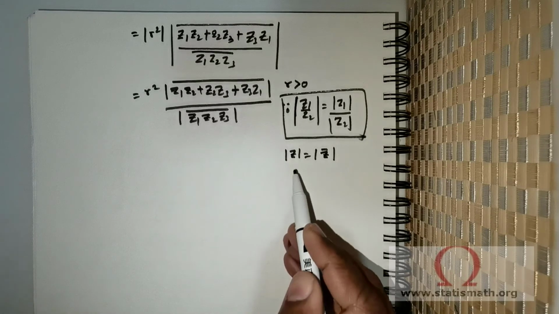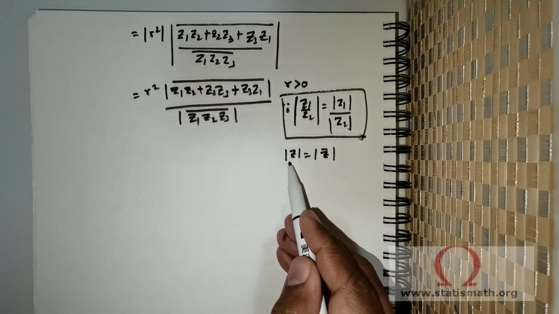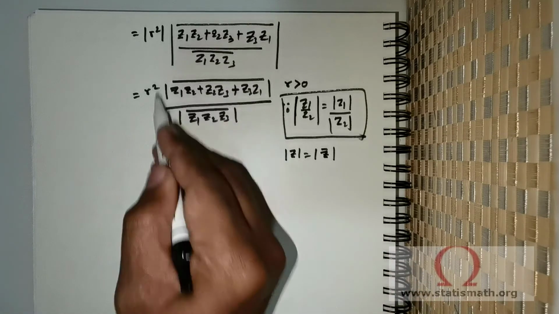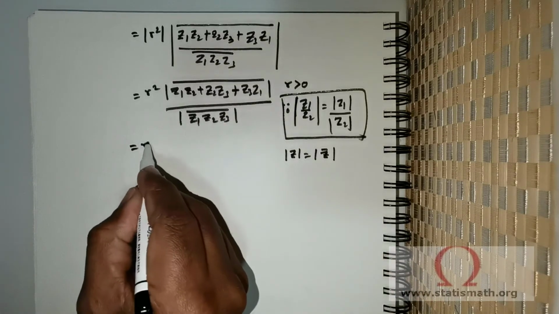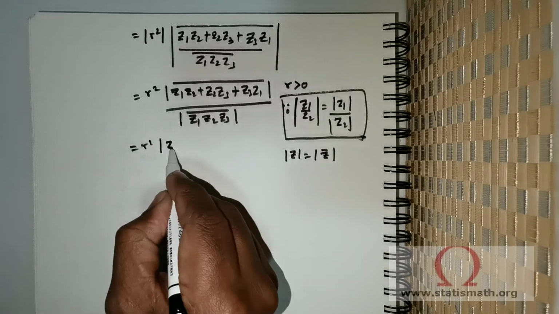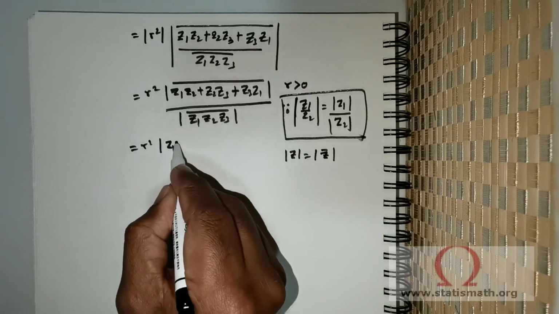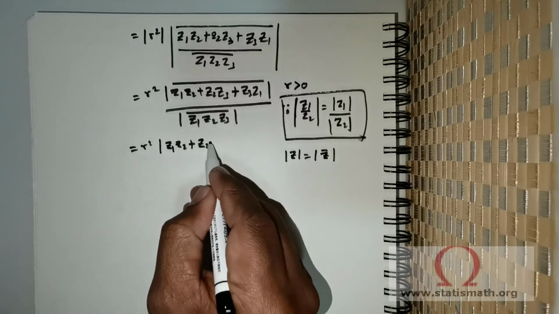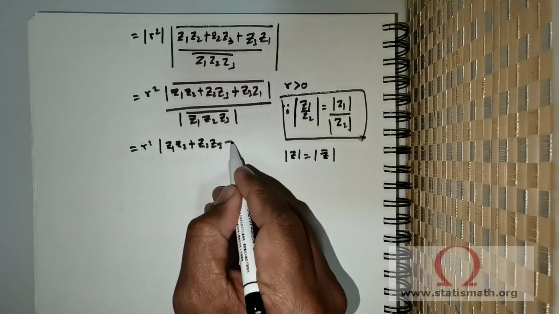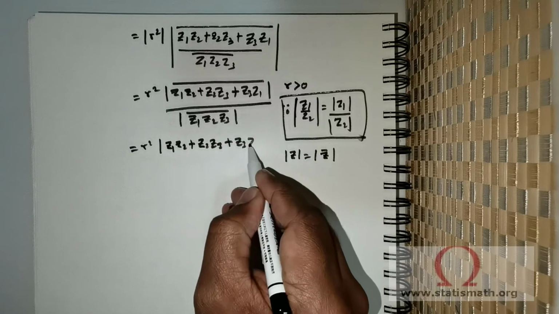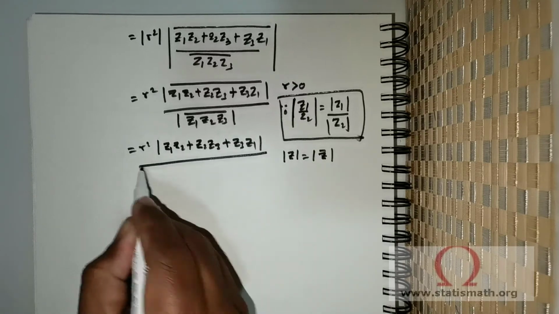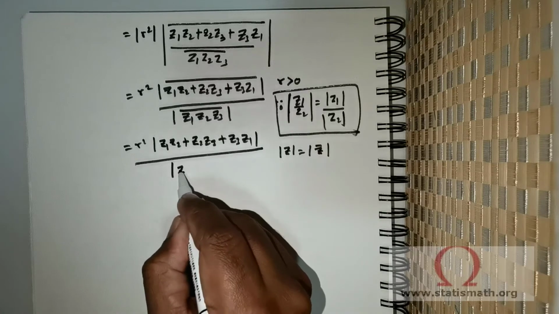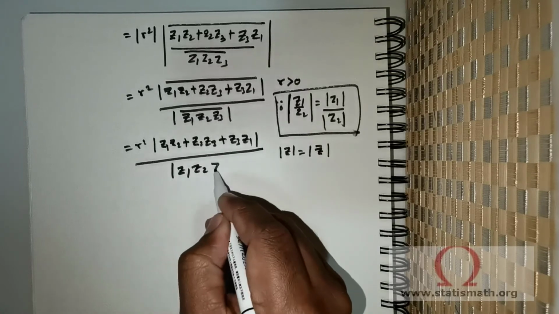Okay, so because modulus of z is equal to modulus of z bar, I can rewrite this as r squared times modulus of z1 z2 + z2 z3 + z3 z1, divided by, for the denominator, modulus of z1 z2 z3.